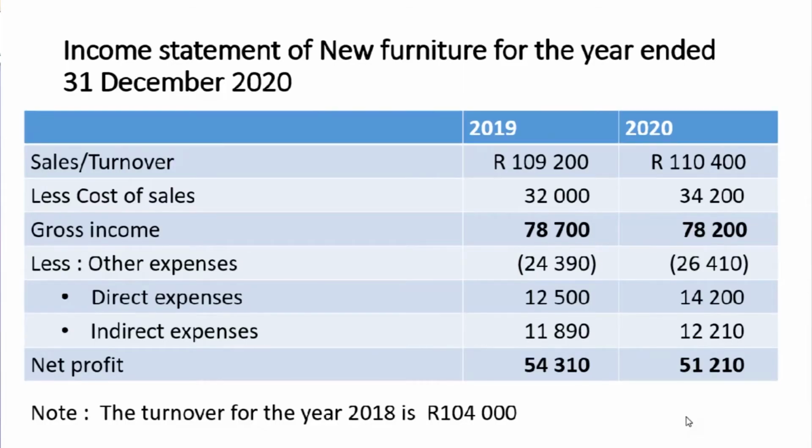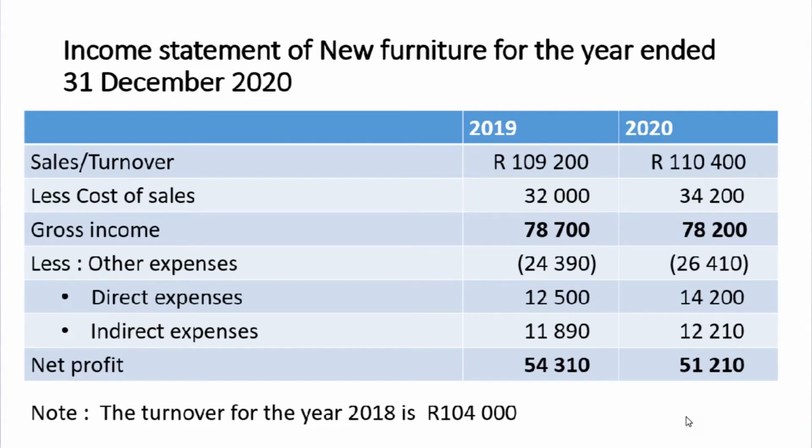How much is our direct cost? We have direct expenses. In 2019, our direct expense is 12,500, which is our direct cost.